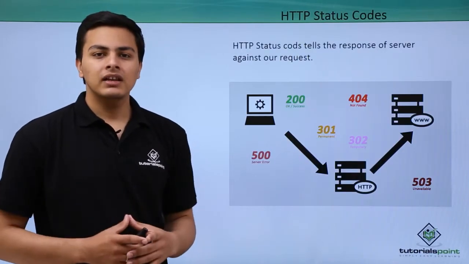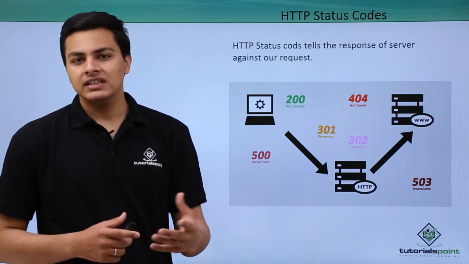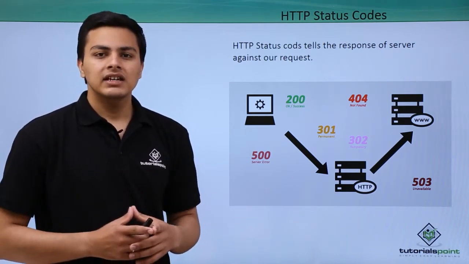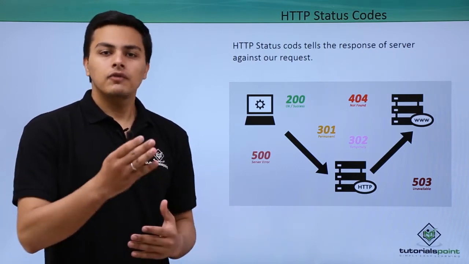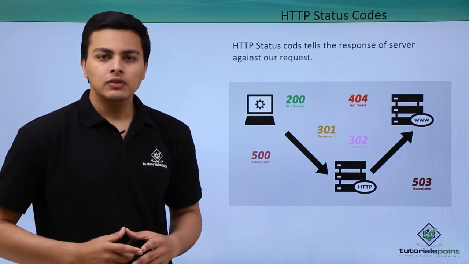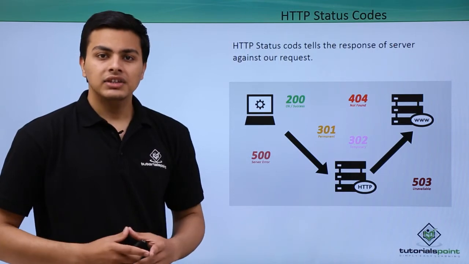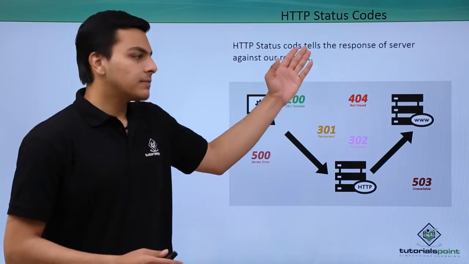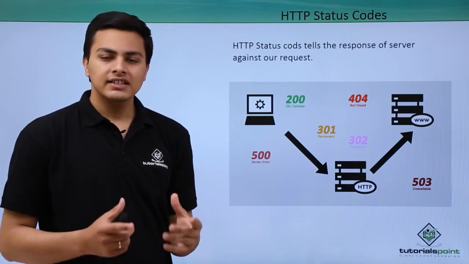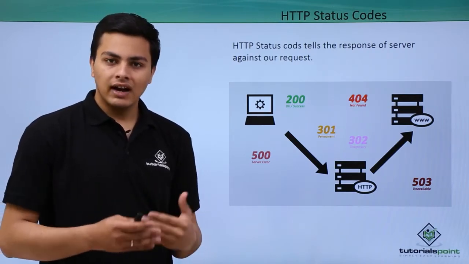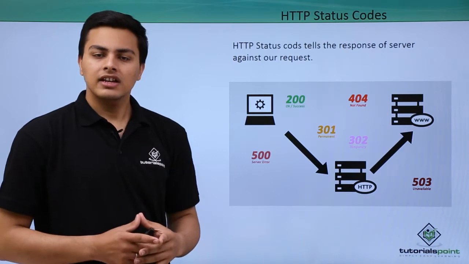Now let's talk about HTTP status codes. You might have seen that while opening any website, sometimes the website gives us an error like 302, 404, 500. So what are these kinds of errors? These are called HTTP status codes. HTTP status codes are nothing but a server response to an HTTP request.